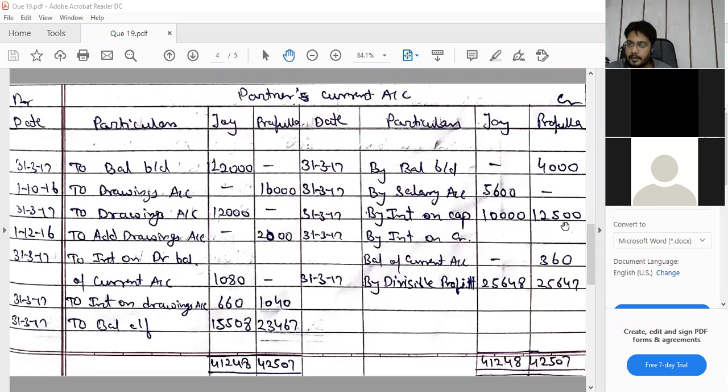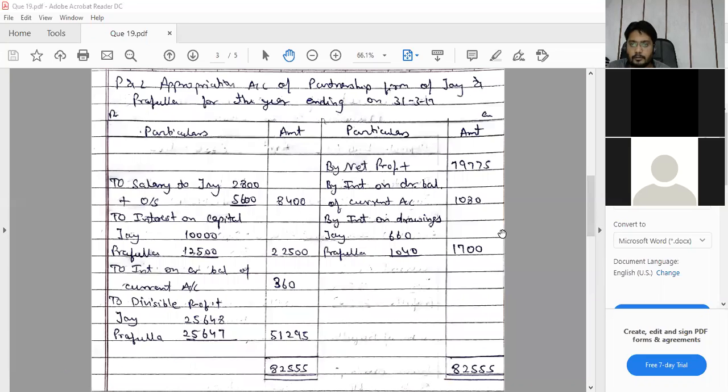One effect current account credit, second effect P&L appropriation debit. So on the debit side, write to interest on capital, into inner column of J 10,000, of Prafulla 12,500. Total will be in the outer column 22,500.